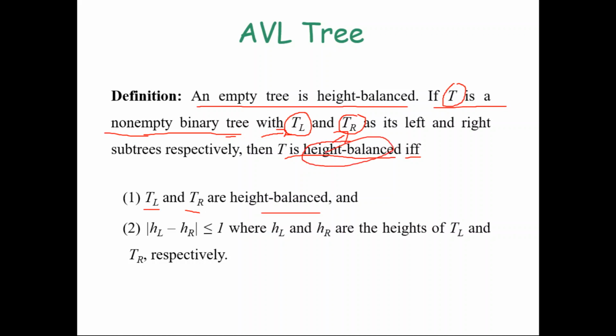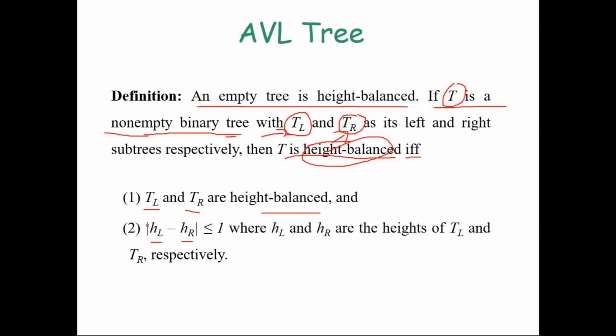A tree is said to be height balanced if the height of its left subtree minus the height of its right subtree, and take the mod of it, that is, remove the sign. If it is a negative number, you treat it as a positive number.